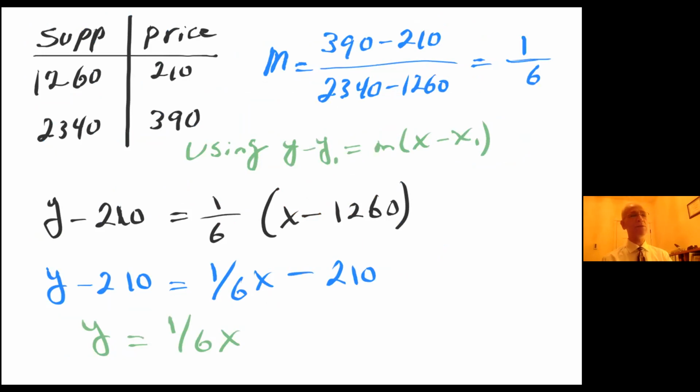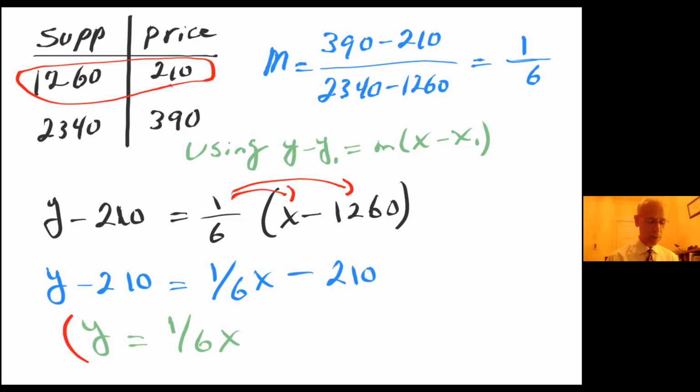Again, using y minus y1 equals m times x minus x1, and using the first number again, y minus 210 equals 1/6 of x minus 1,260. You distribute and simplify, and you get y equals 1/6 of x.